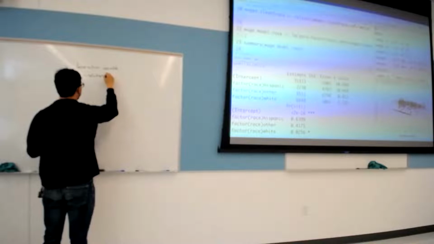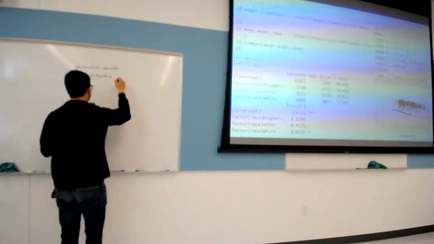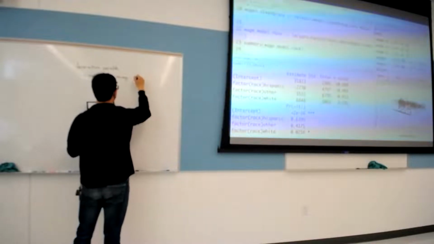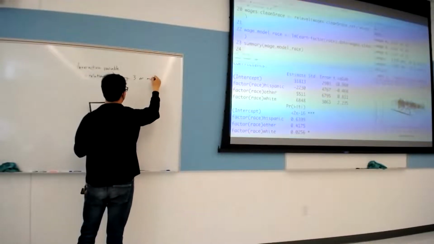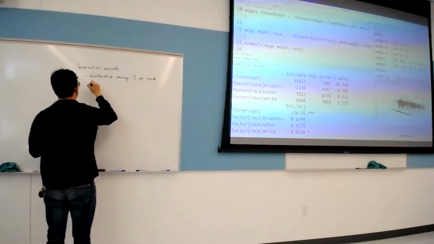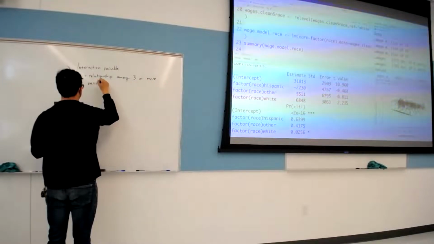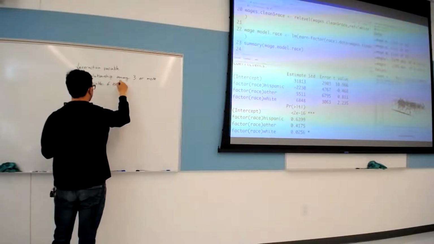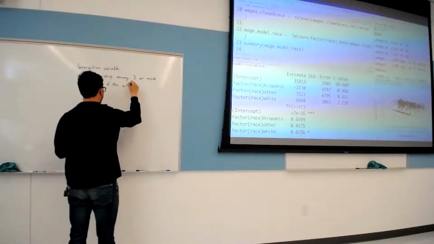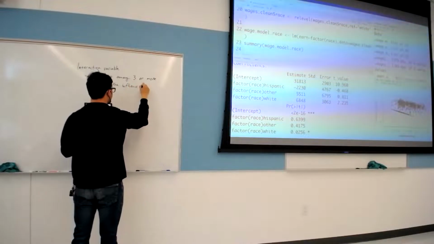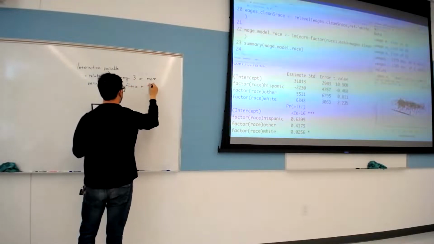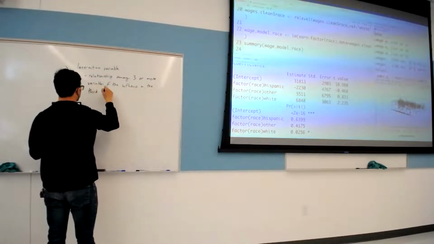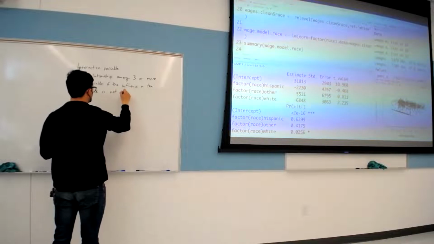Okay, so this is a relationship among 3 or more variables if the influence on the third is not additive.